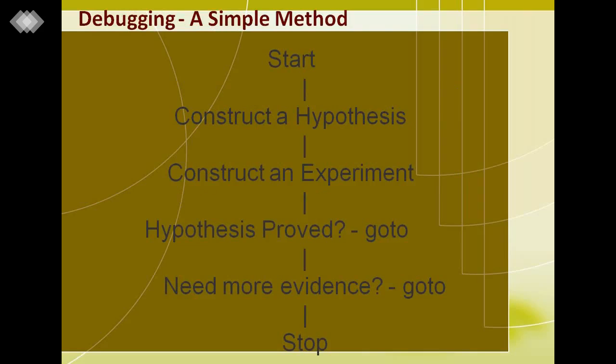Now, here are some simple methods of debugging: first is start, second, construct a hypothesis, third, construct an experiment, fourth, hypothesis proved, or you can say go to the next process, need more evidence, and last is stop. So these are the debugging processes or methods which follow different steps to find the bug in software engineering.